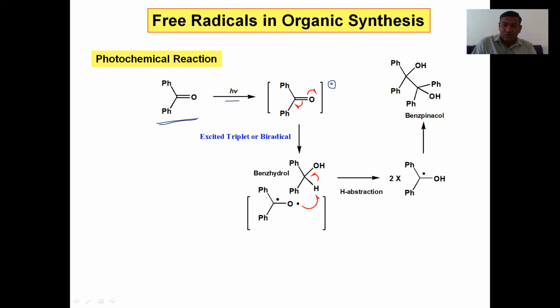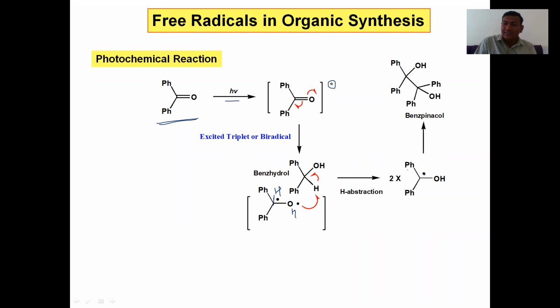See, of the two molecules of this benzophenone, one molecule will have these two radicals, and another molecule, because one hydrogen from here will go out, and another hydrogen from here will go out. The two hydrogens will get attached to this carbon. So this is a biradical, or benzhydrol type of compound you will get, and then there will be hydrogen abstraction and the stable radical you will get.